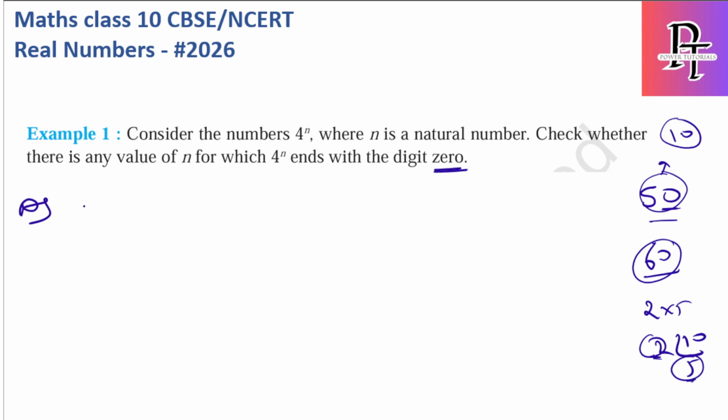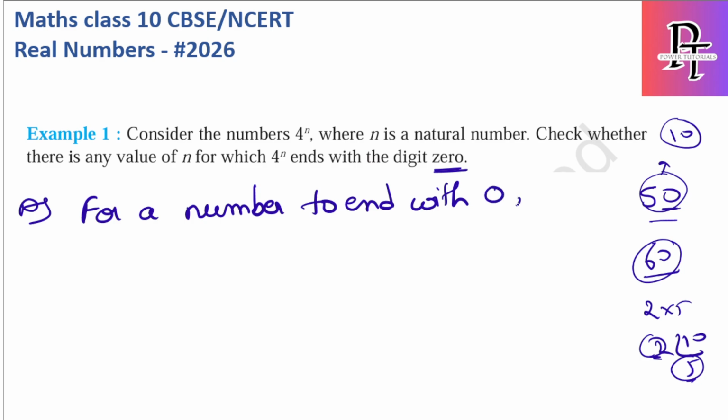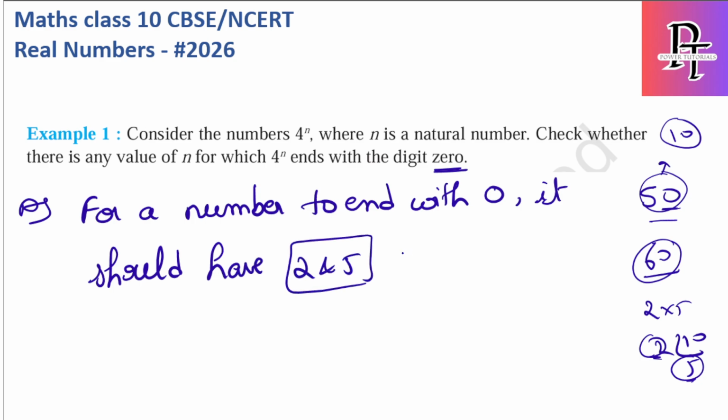I'll write here, for a number to end with 0, it should have 2 and 5 as prime factors.